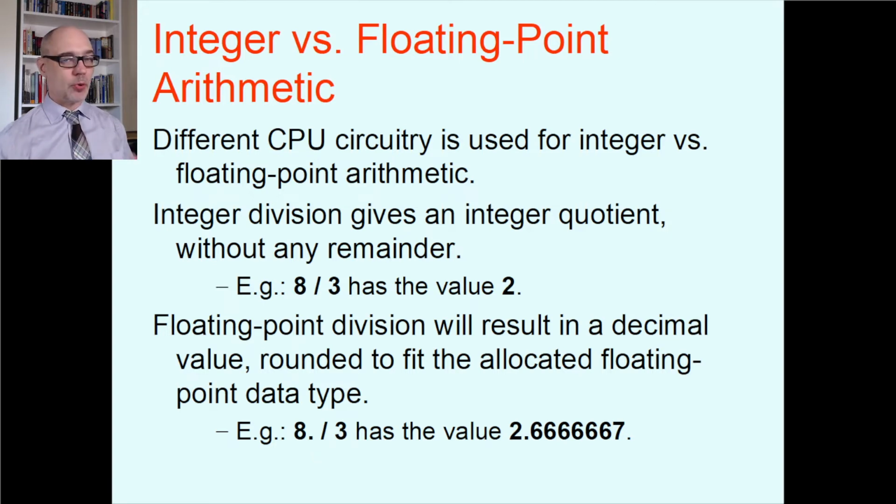I could have written 8.0, maybe you'd prefer to see that, but I've at least got to get the point in the writing because that's the indicator that I've got a floating point literal here. So when C++ sees that, that division is going to treat those numbers as floating points, use the circuitry path that does floating point arithmetic, and that's going to come back with a decimal value. And for argument's sake, if I store that in a single precision floating point variable, the value will be 2.6666667.